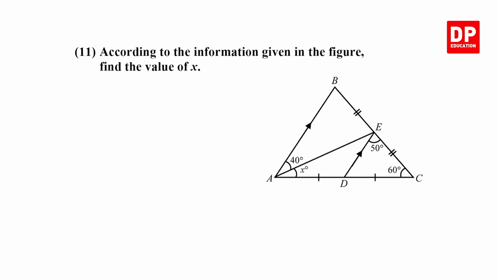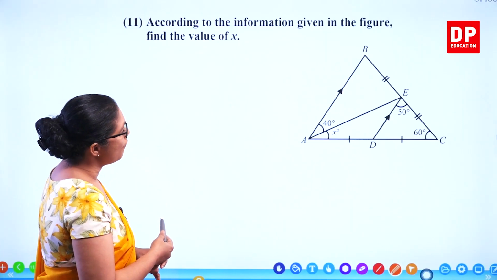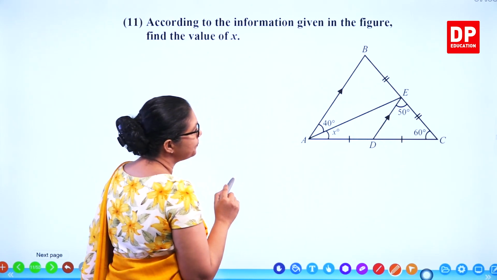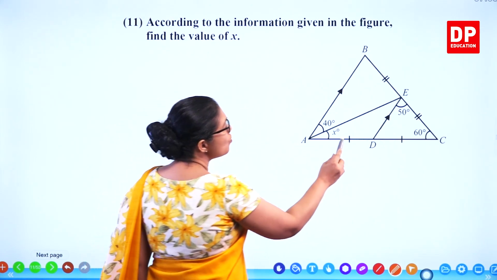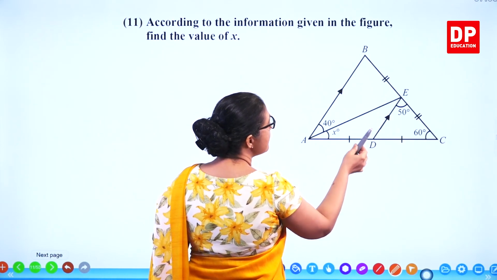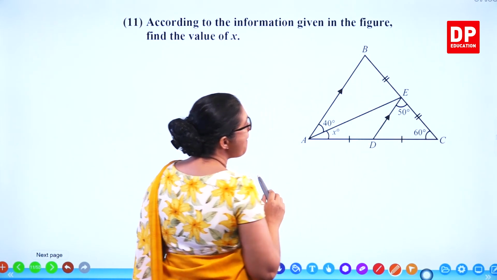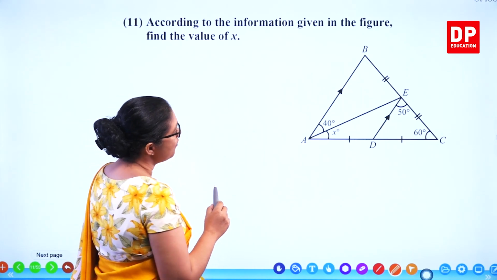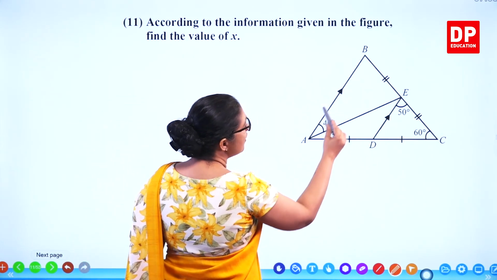Question number 11. According to the information given in the figure, find the value of x. So how can we find out? It's given these two lengths are equal, and these two lengths are also equal. What can you say? You can apply the midpoint theorem. And what about this one?